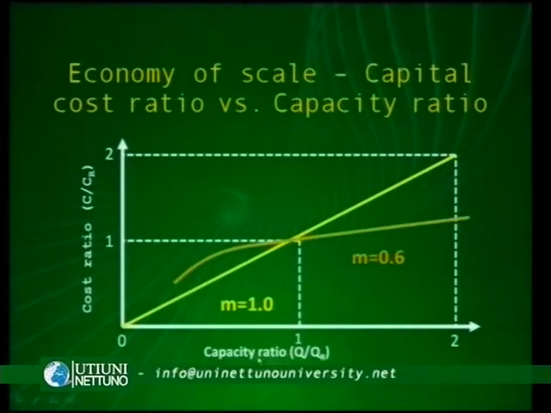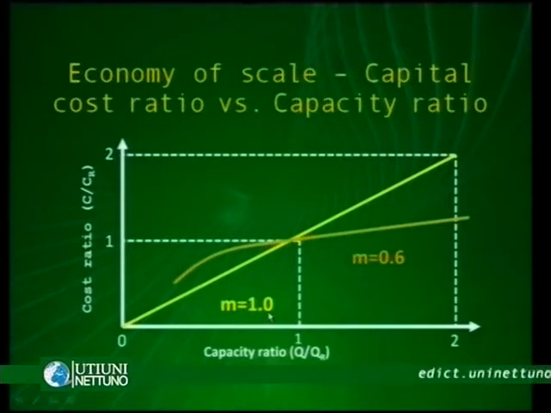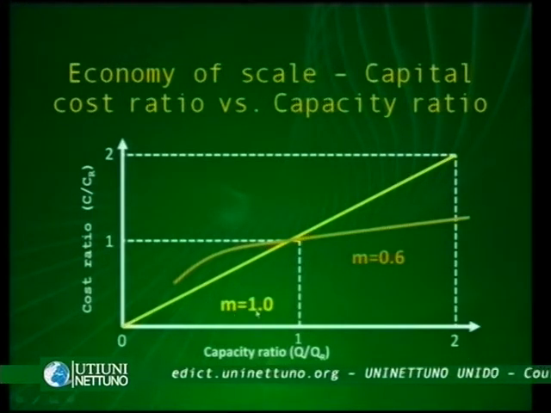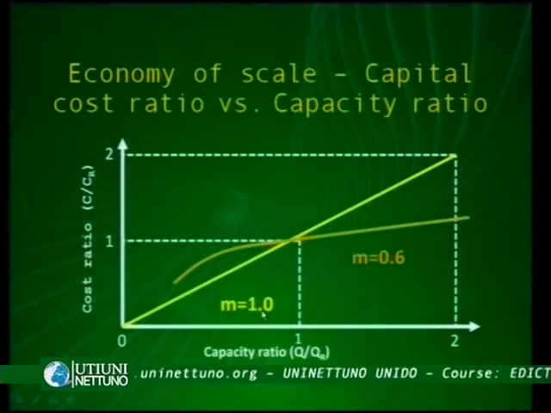Then we have the capacity ratio on the x-axis, which is Q divided by QR. Now, when M, the exponent, is equal to 1, then we have a proportional distribution of the cost ratio according to the quantity. So, M is equal to 1 when we have labor-intensive production, as we've seen already.